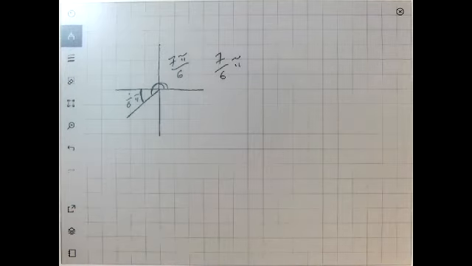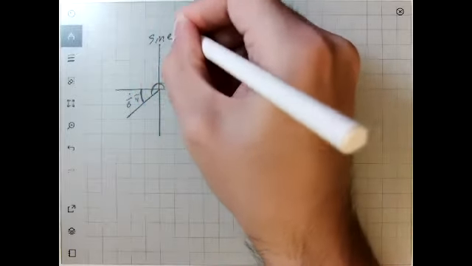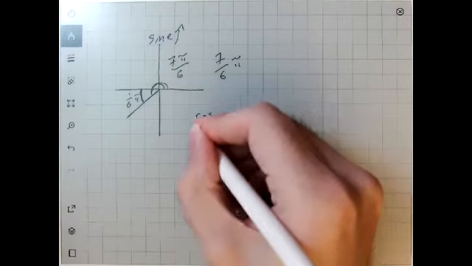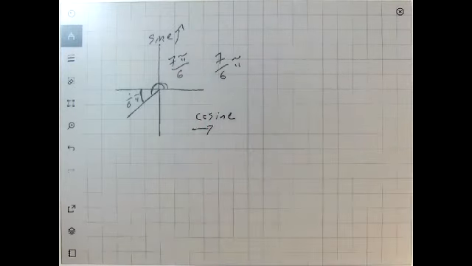The only difference is whether the sine and cosine will be positive or negative. Sine is positive above the x-axis, and cosine is positive to the right of the y-axis. Down here in the third quadrant, sine and cosine are both negative.